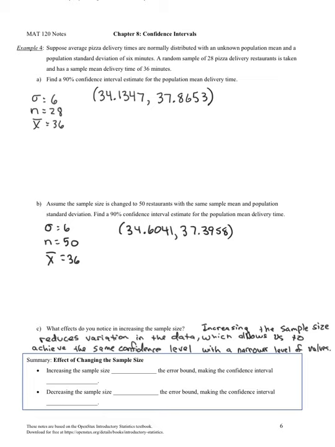So increasing the sample size decreases the error bound, the margin of error, making the confidence interval more narrow. Whereas decreasing the sample size increases the error bound, making the confidence interval wider.